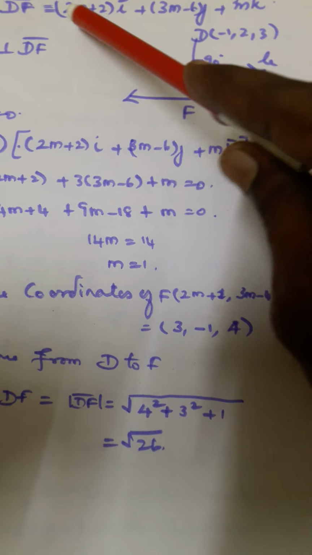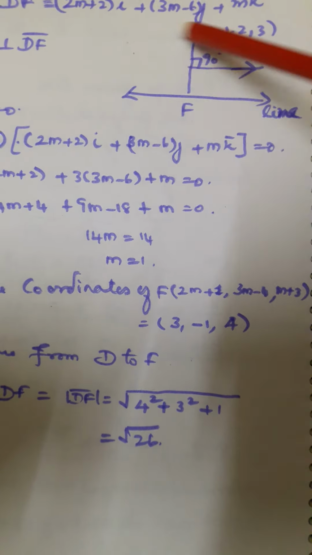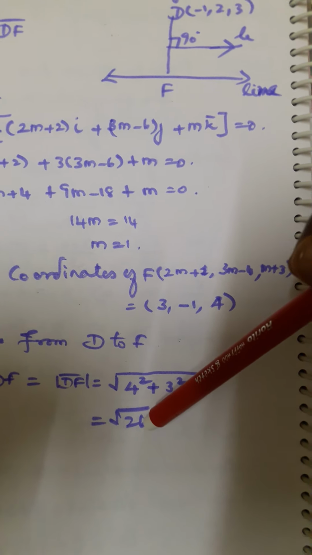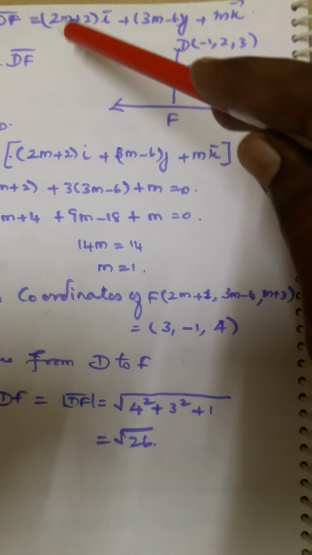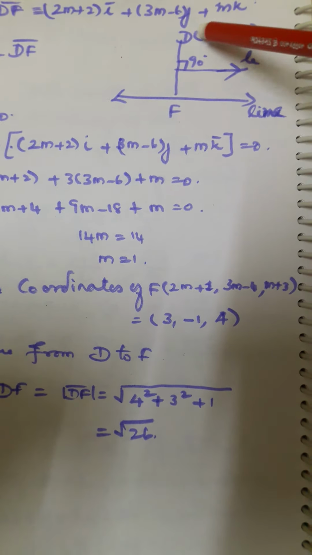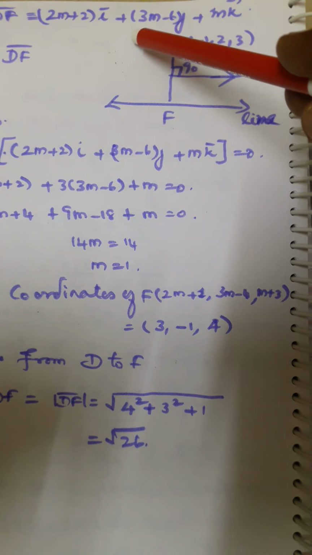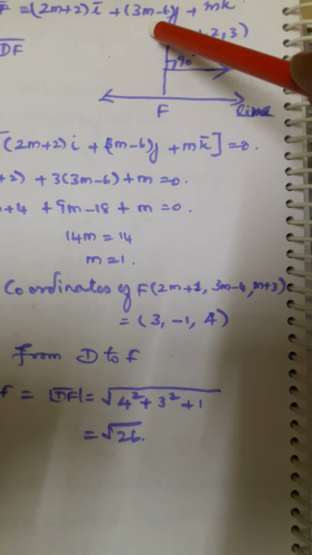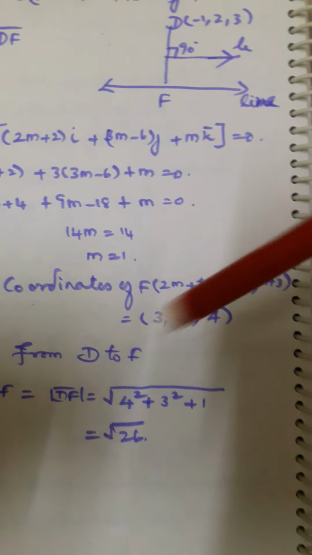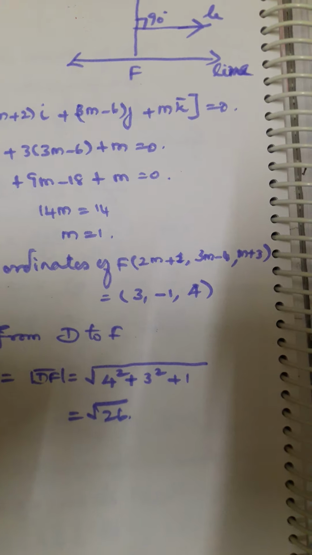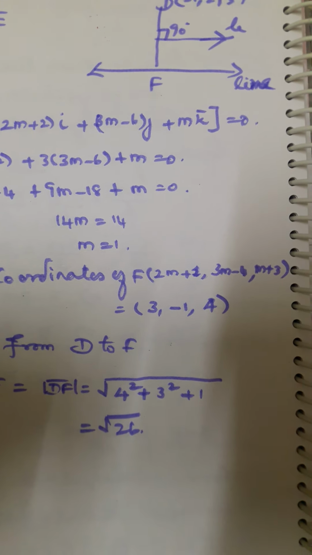You will get the DF vector, that is root of (4 square plus 3 square plus 1), which becomes root 26. Do you understand? This is your DF vector. The modulus of this is nothing but your distance. So with m equal to 1, 2 plus 2 equals 4, 3 minus 6 equals minus 3, and 1. So the square will be 4 square plus 3 square plus 1 under root, that is root 26. Okay, thank you.